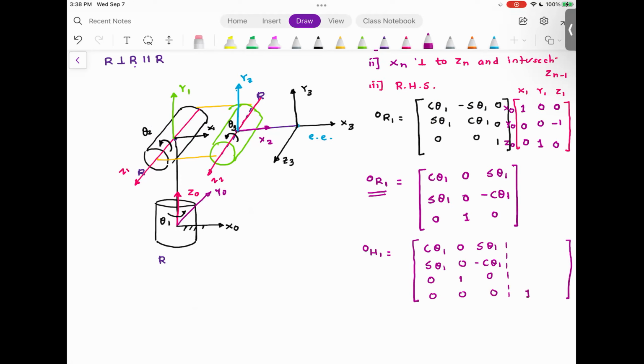And here once again the position of frame 1 with respect to frame 0 in the coordinate frame of frame 0. And I will write this down here once again. Frame 1 with respect to frame 0 in x0, y0, and z0.